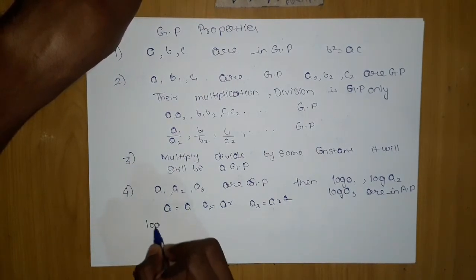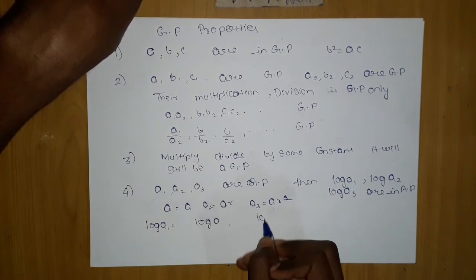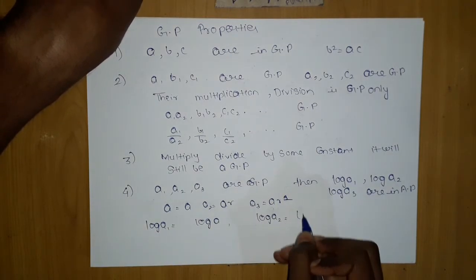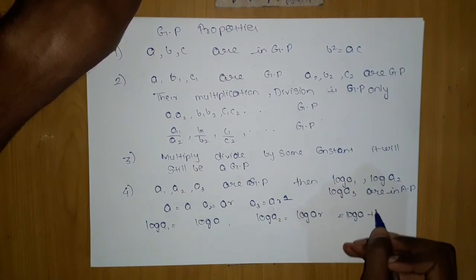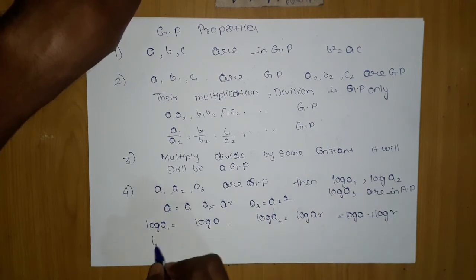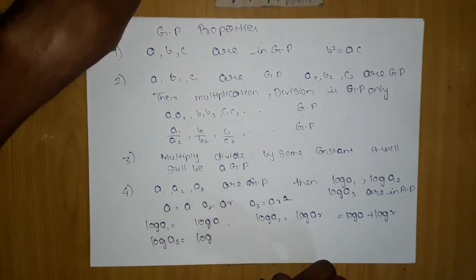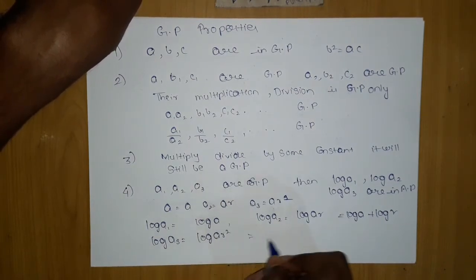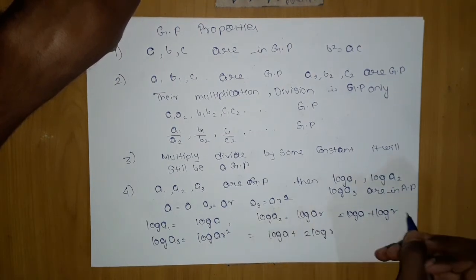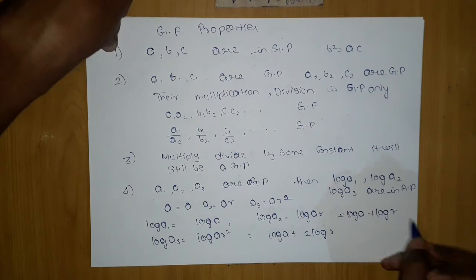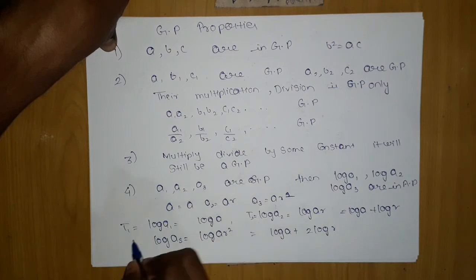Now log A1 is log A. Log A2 is log AR, which is nothing but log A plus log R. Log A3 is log A R square, which is nothing but log A plus 2 log R, because the power 2 moves in front. Now call these terms T1, T2, T3.